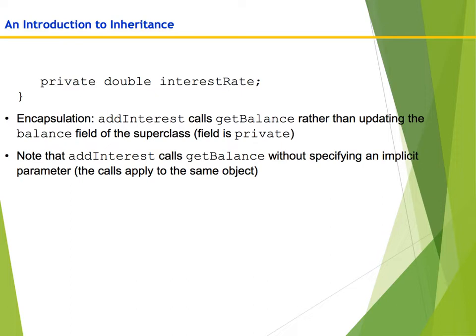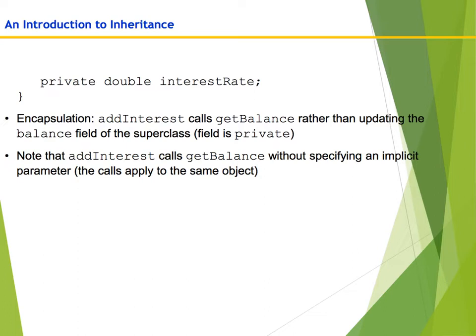And then you need to note that in this example, when we wanted to obtain the balance of an account in the SavingsAccount, we call getBalance. And whenever we wanted to change the balance, we use deposit. So the addInterest method in SavingsAccount has no access to the private fields of its superclass like balance.